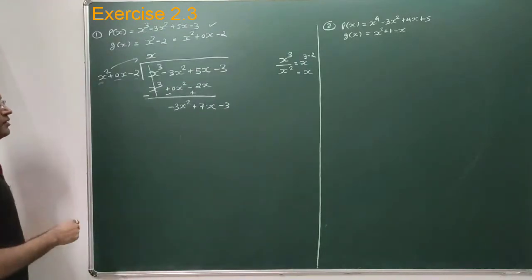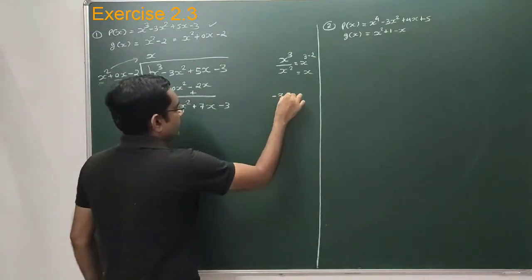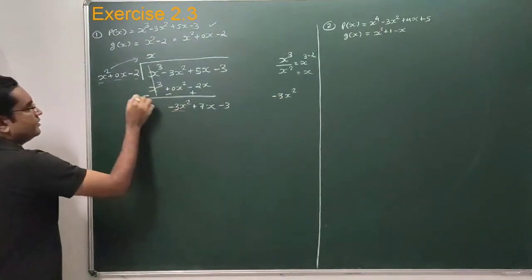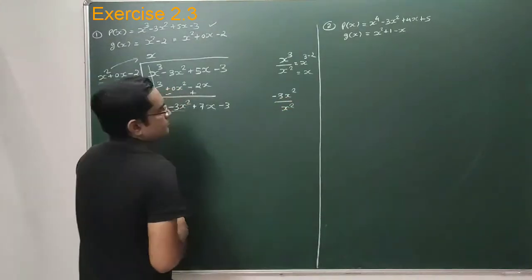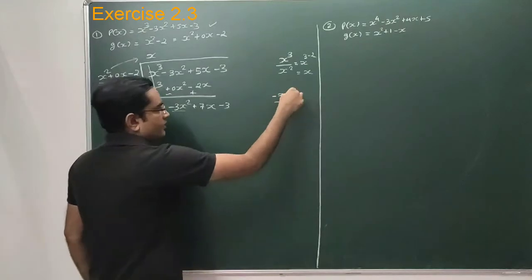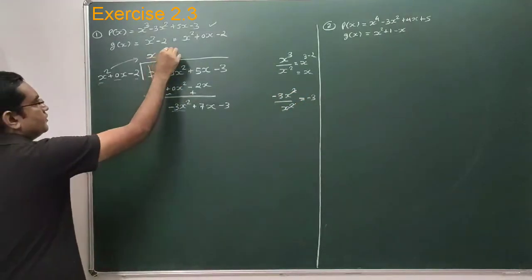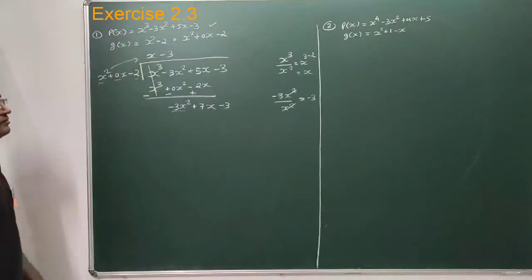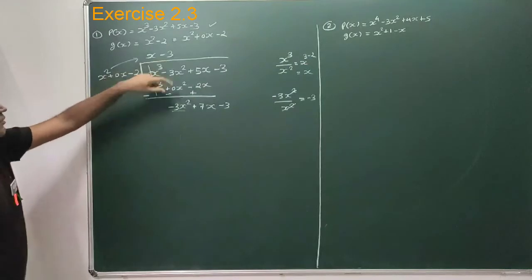Now for the second step, again you have to consider the leading term, which is minus 3x square. Divide this leading term by the leading term of the divisor, which is x square. So minus 3x square by x square is equal to minus 3. So you have to put the minus 3 over here. Similarly, multiply all these terms of the divisor with this minus 3.